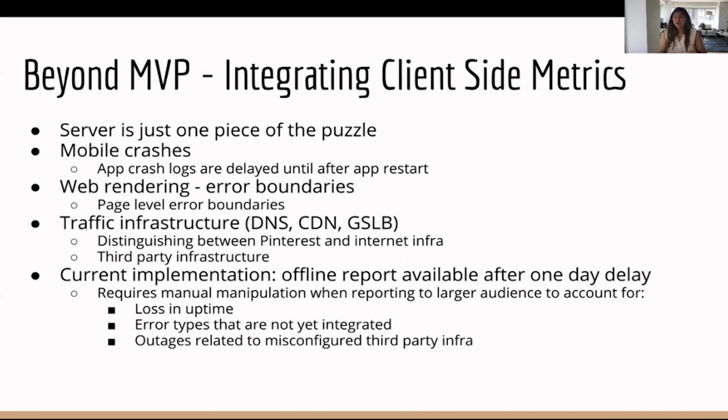However, if we have a big outage and a lot of people leave the site because they're unhappy with Pinterest, not counting any part of that as downtime is largely inaccurate, because it's just represented as an absolute loss in uptime, but not necessarily a corresponding increase in downtime. So sometimes we need to manually account for that loss of uptime if we do have some severe outages.